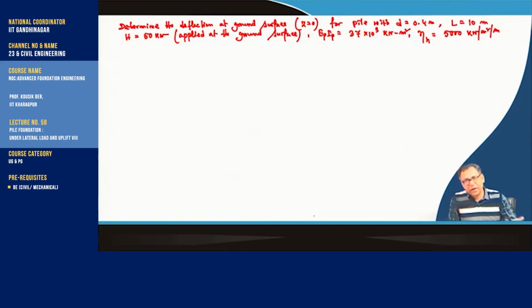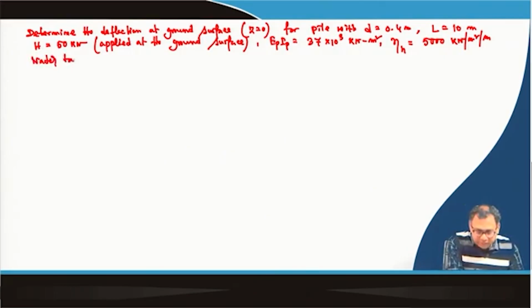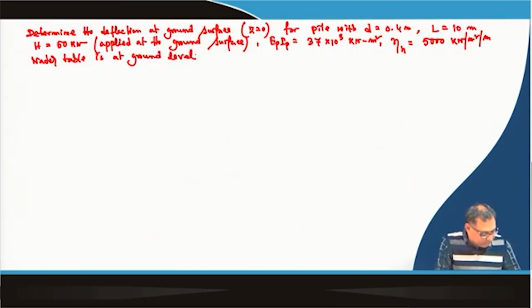Because for soft clay also this variation can be observed, for very soft clay and granular soil. Now, the water table is at ground level. Okay, so that value is not required for this particular approach, but anyhow that information is given. So, first we will check whether this approach can be used or not.